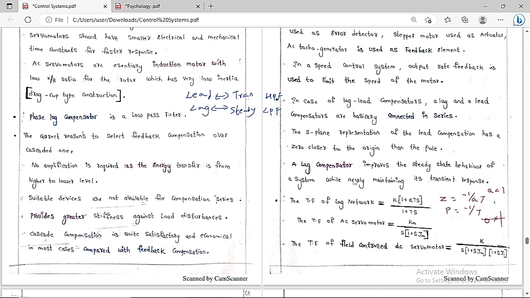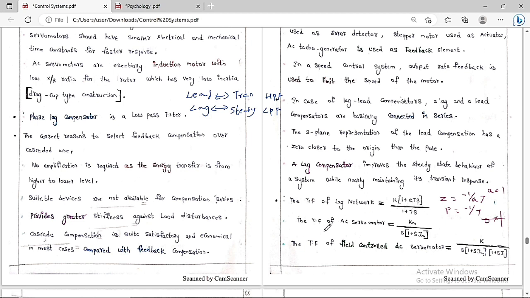A should be lesser than 1. Generally, the pole is closer to origin when compared to the zero. So this is called a lag compensator.